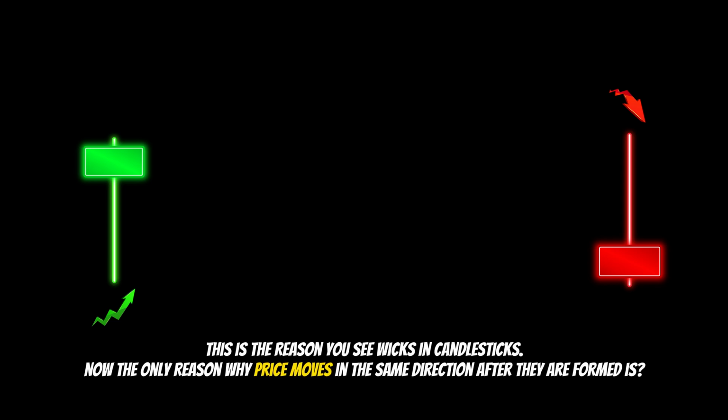Over here you can see, selling pressure is coming from top. At first the price went up due to buying pressure, but later the selling got stronger and took the price downwards. That is why you can see the wick at top of this candlestick. This is the reason you see wicks in candlesticks.